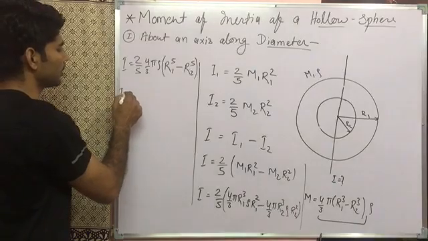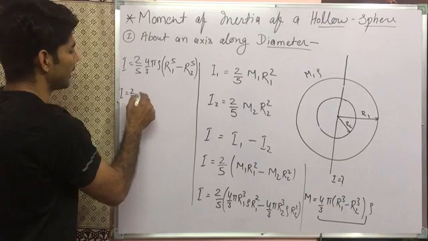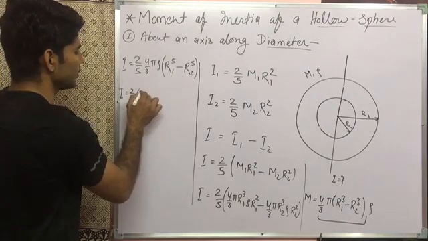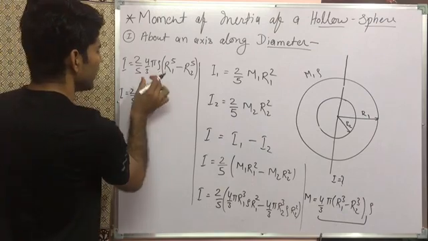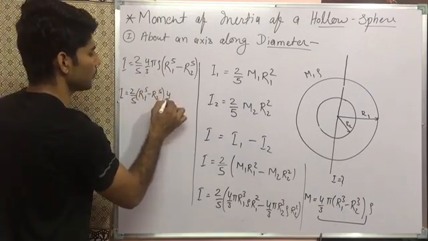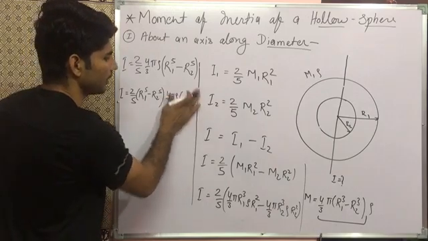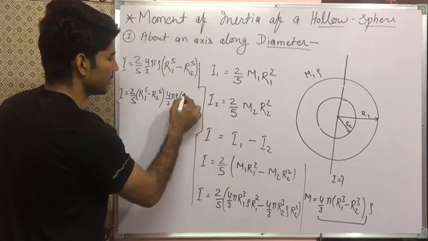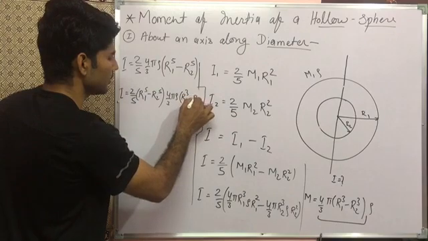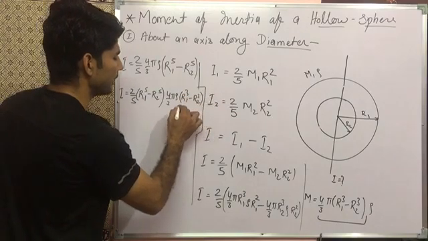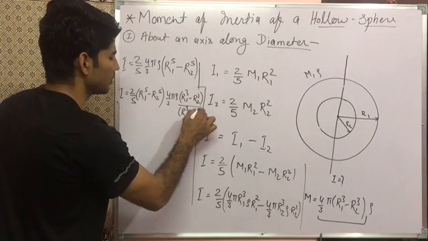So I will become 2 by 5, and I can write first r1 power 5 minus r2 power 5, and this value is 4 by 3 pi rho. Now I multiply r1 cube minus r2 cube, and at the denominator also r1 cube minus r2 cube.